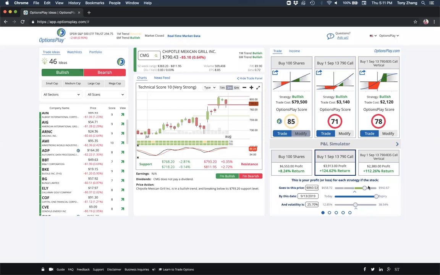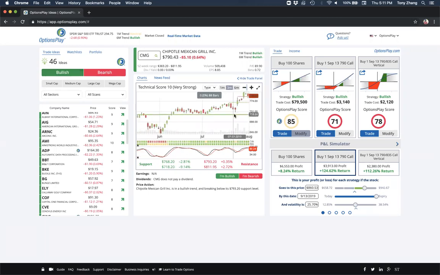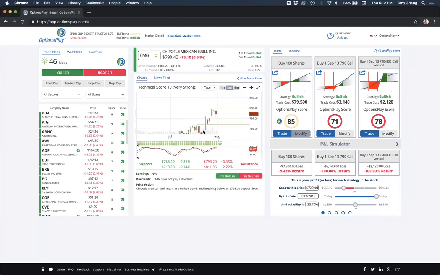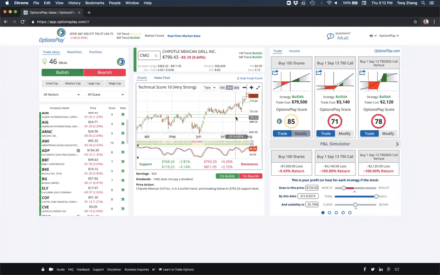Because if I purchase the call and this stock dips back down to, let's say, that 720 level, if I bought 100 shares of that stock, I'm risking $7,500. Buying this call option, I'm only risking $3,100. And this is a stock that, if you purchase it, you're purchasing it because you think there's still a lot of room to the upside.